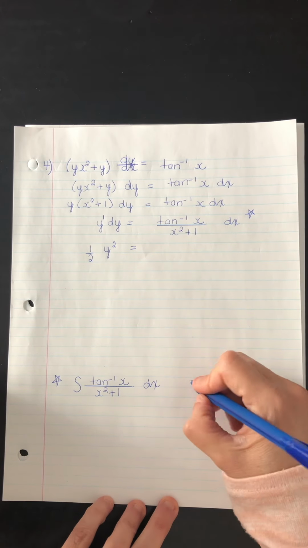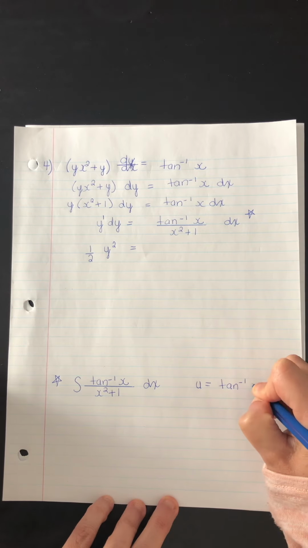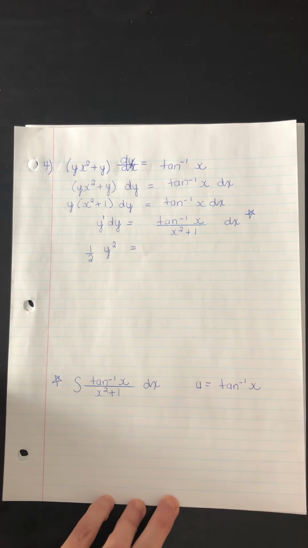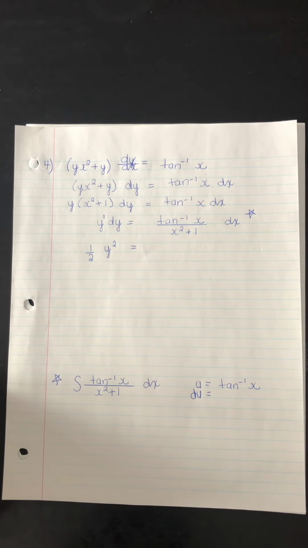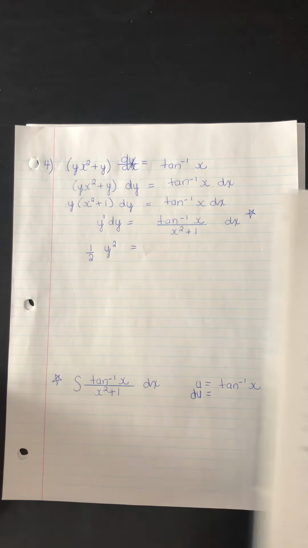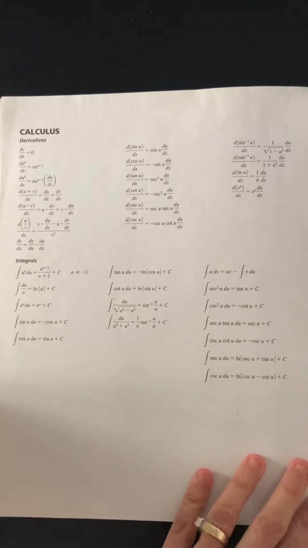So this means that the correct thing to do is to call tangent inverse of x my u. So then the question is, what is du? Du needs to be the derivative of the tangent inverse of x. So let's take a look at that book jacket. We want the derivative of the tangent inverse of x.